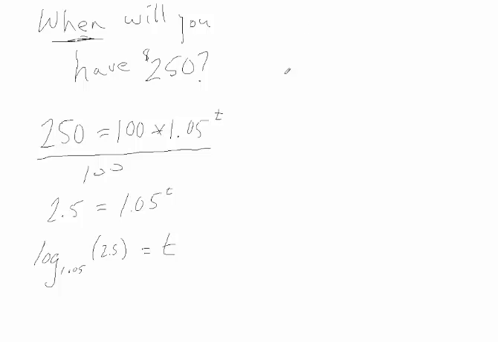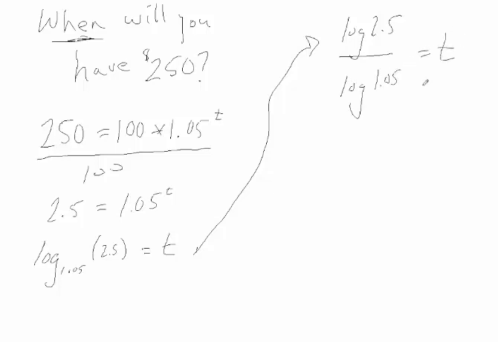And then using our change of base, you can say, well, that's log 2.5 over log 1.05, or ln 2.5 over ln 1.05 will give us t.